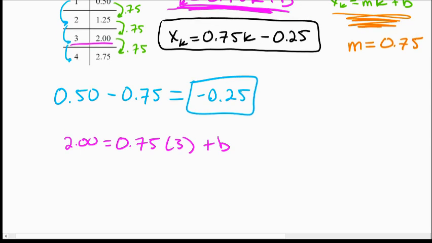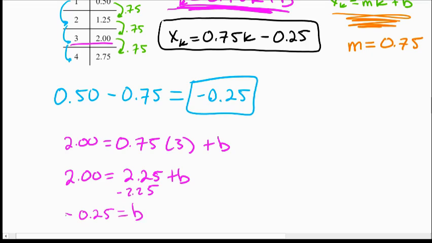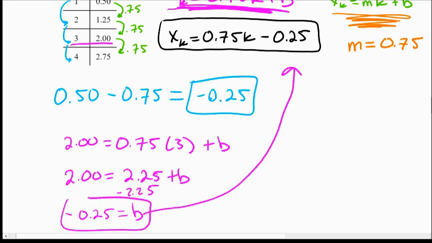So 0.75 times 3, again, you could either use a calculator or just go up by 0.75 three times, which is 1.5, 2.25. So 2 equals 2.25 plus b, subtract from both sides, and I get the same b value that I did before. Again, just a little bit more algebraically.